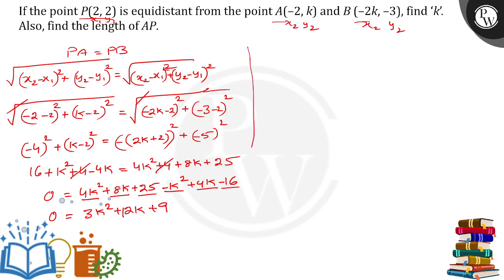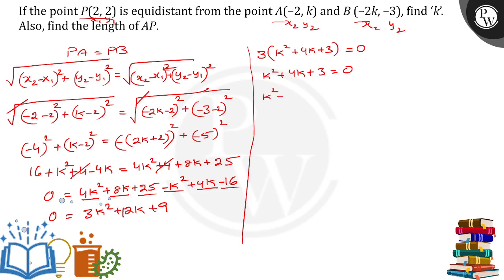Okay, so from that if I take 3 common, k square plus 4k plus 3 is equal to 0, because 3 will go to 0 and get cancelled. So we need to do factorization.